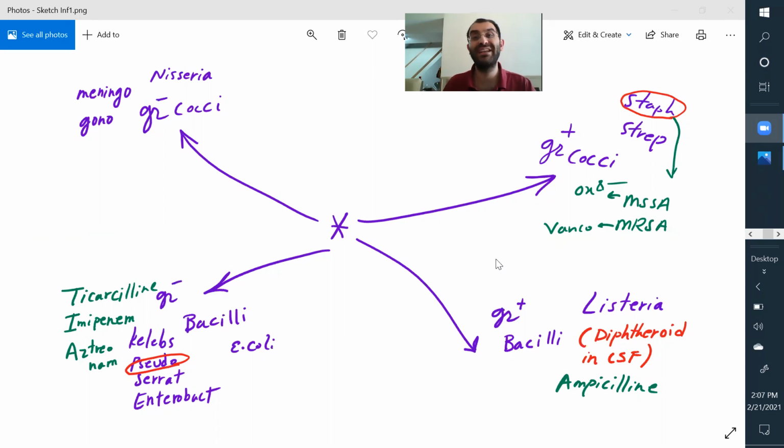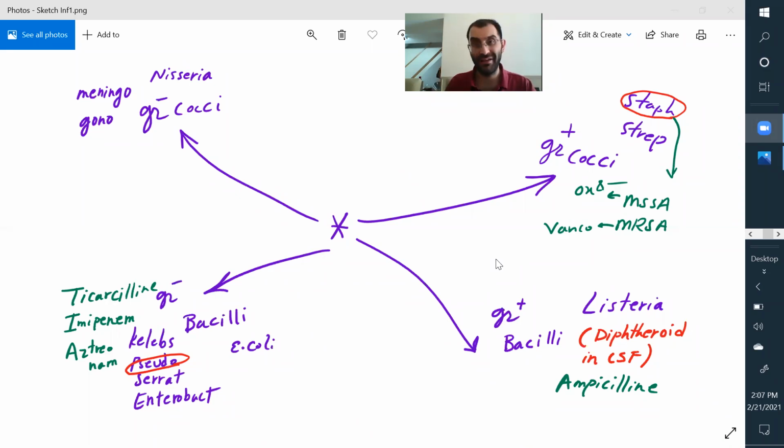Also, penicillin was such a great antibiotic. Broader spectrum, kills a lot of gram-positives, kills a lot of gram-negatives, but it was not able to kill nasty gram-negatives like Pseudomonas.